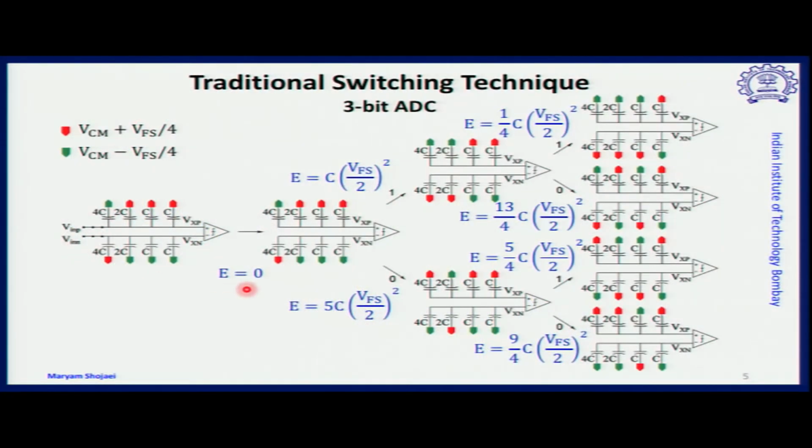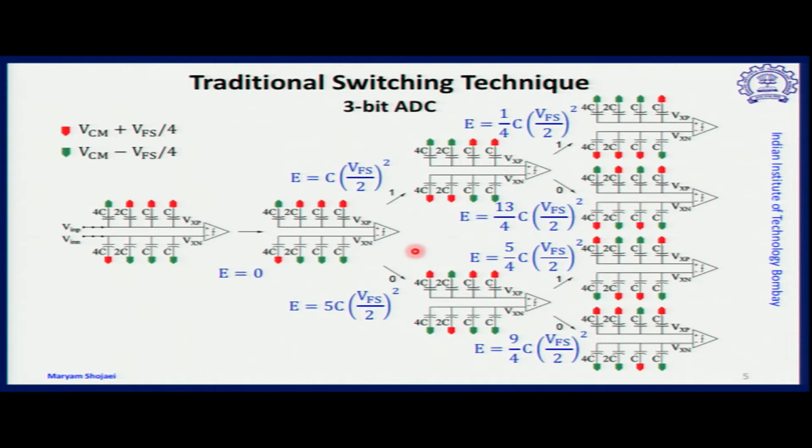So when we open the switches, which naturally doesn't dissipate any energy by the reference levels, which are VCM plus V full scale by 4 and VCM minus V full scale by 4, we see the comparator is actually comparing V in P and V in N. If V in P is more than V in N, the output of the comparator will be 1, and if V in P is less than V in N, the output of the comparator will be 0.